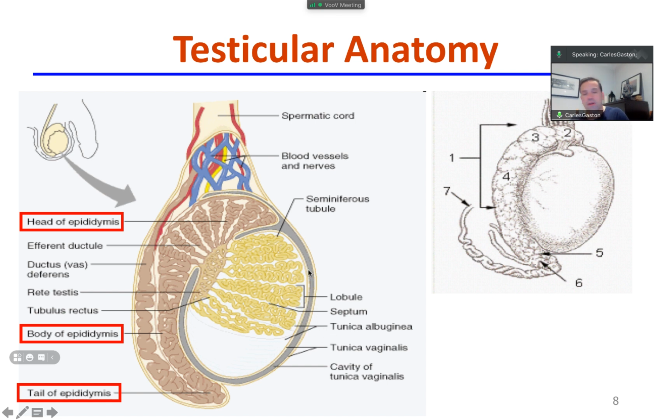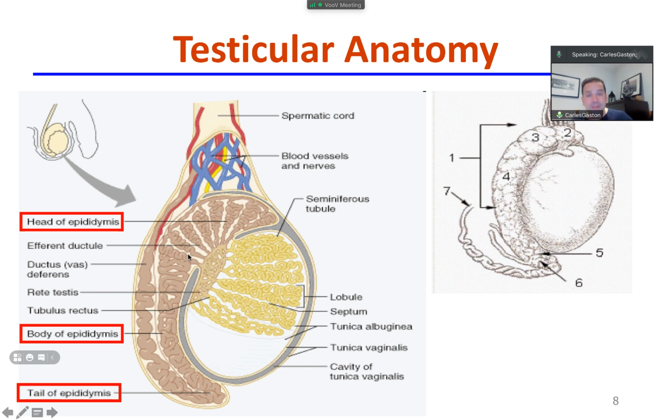inside of the testicle, separated by the tunica albuginea and tunica vaginalis. So this is the main testicle, and the sperm is produced here, and the sperm travels to the epididymis, which is this structure here.